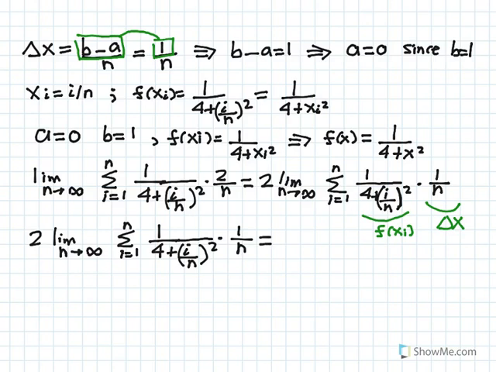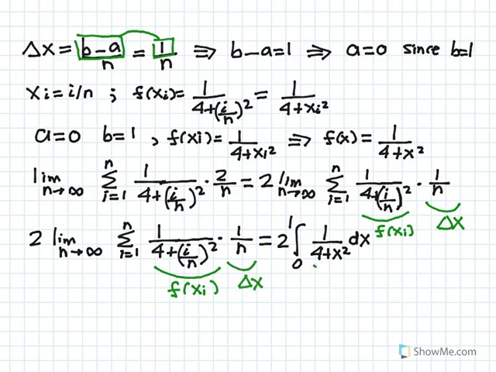This is equal to 2 times the definite integral 0 to 1 of f of x, which is 1 over (4 plus x squared), dx. So this part here is f of xi. 1 over n is delta x. In a definite integral, this part, 1 over (4 plus x squared), is f of x, times dx. This is just dx.